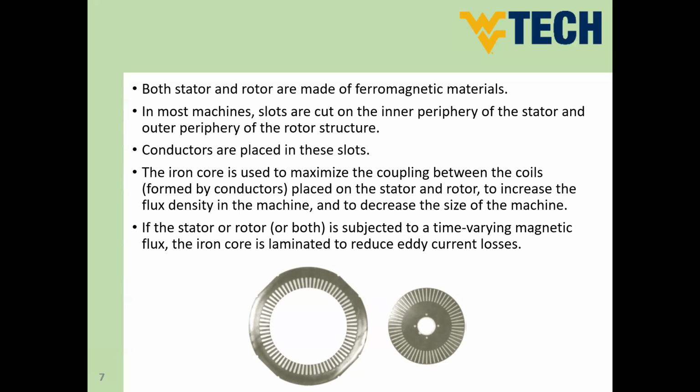Okay, and how can we create the different structures? So we bring the magnetic material in sheets, not in solid cores. Why do we prefer to have the machine made of slices or sheets? Because as you remember, when we discussed the core loss, we mentioned that we have what's called eddy current loss. So the eddy current loss can be reduced by creating our core from sheets, not from a complete core. Okay, so this will reduce the eddy current in our machine.